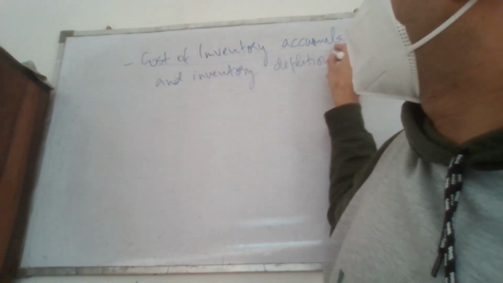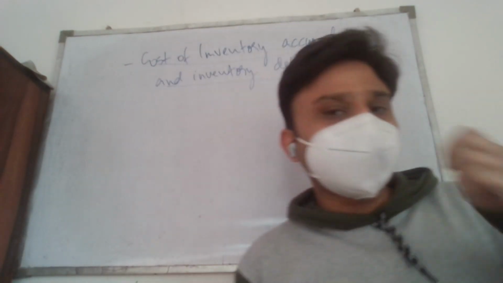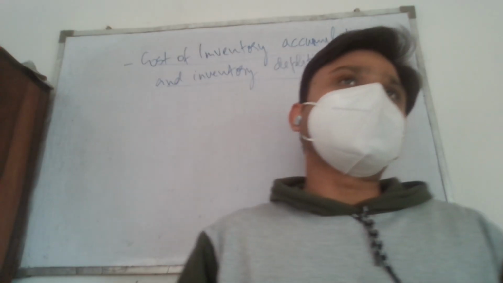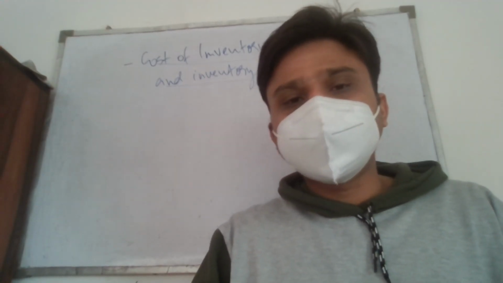So both of the things we are referring to, accumulation and depletion, can happen. When we accumulate more than what is required, there will be costs like storage cost. We'll have to store the product for a longer period of time, so our warehouse costs go up, our rent goes up, all those things. Then we have capital cost.